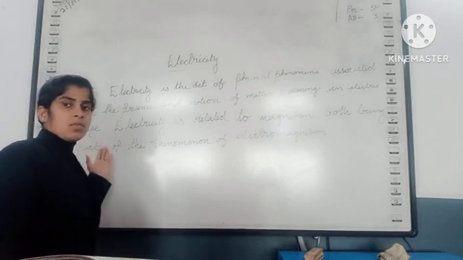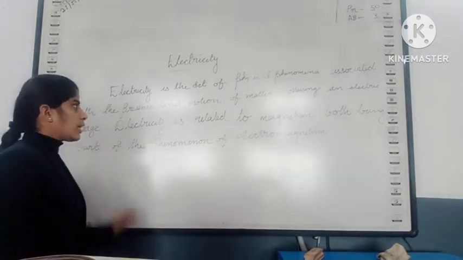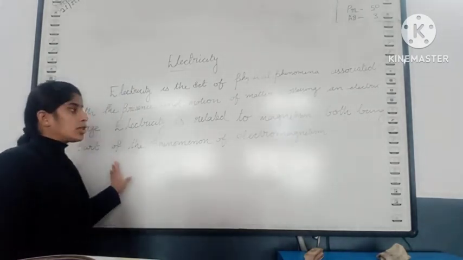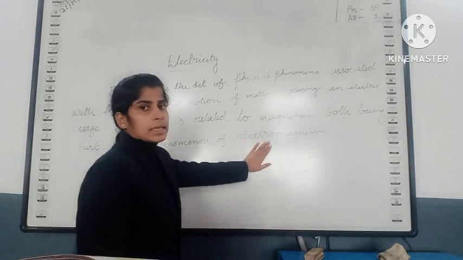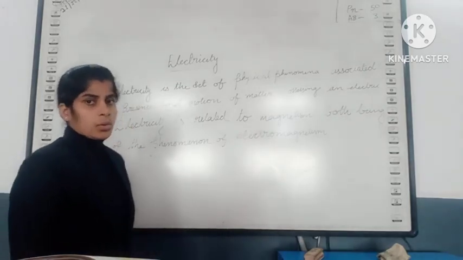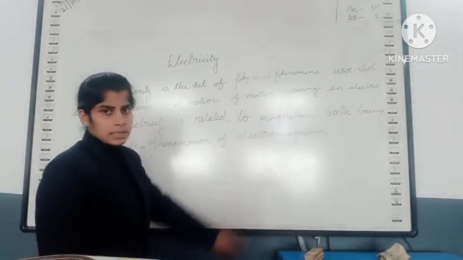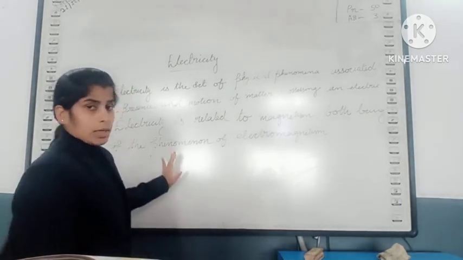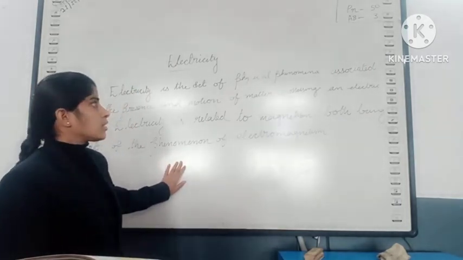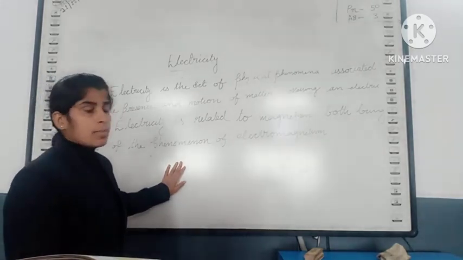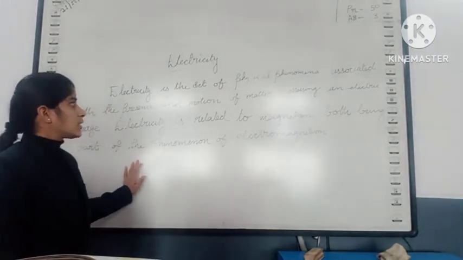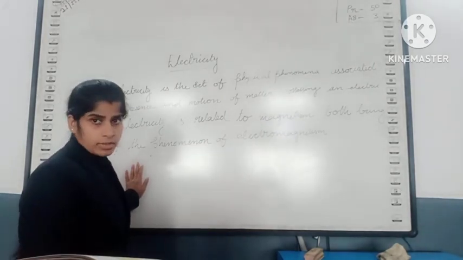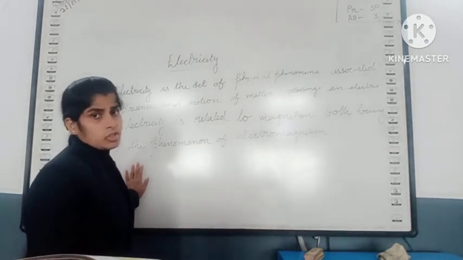Electricity is related to magnetism, both being part of the phenomenon of electromagnetism. We already know about electromagnetism. Is it clear? Yes. So, what is electricity? It is a set of physical phenomena associated with the presence and motion of matter that has an electric charge.